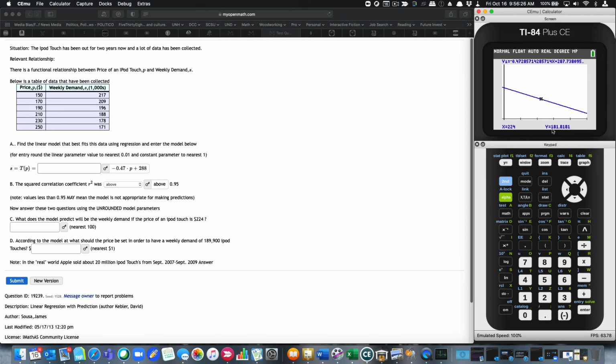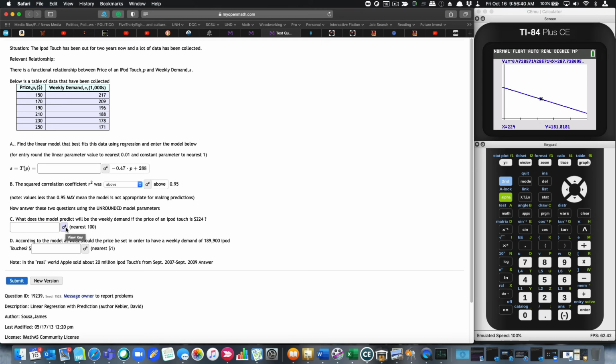So I'm going to round this to the nearest 100, which is 181,800. Again, we're not talking about 181, we're talking about 181,000. So this would be 181,800.